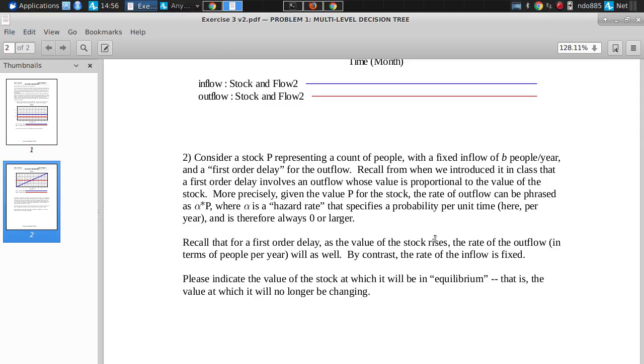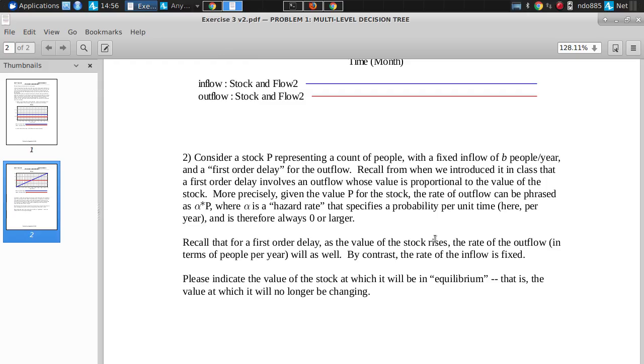Meaning, if the stock is doubled, the outflow does what? It doubles, yeah. It's proportional to, meaning it's just a constant times whatever this is. So here's our flow, and this depends on some constant alpha, so the formula for this outflow is alpha times P.